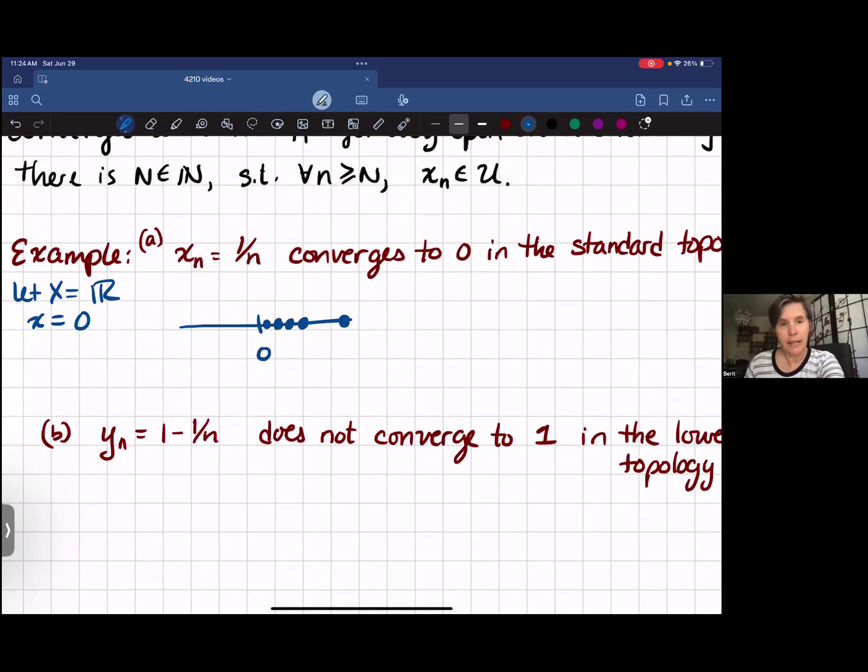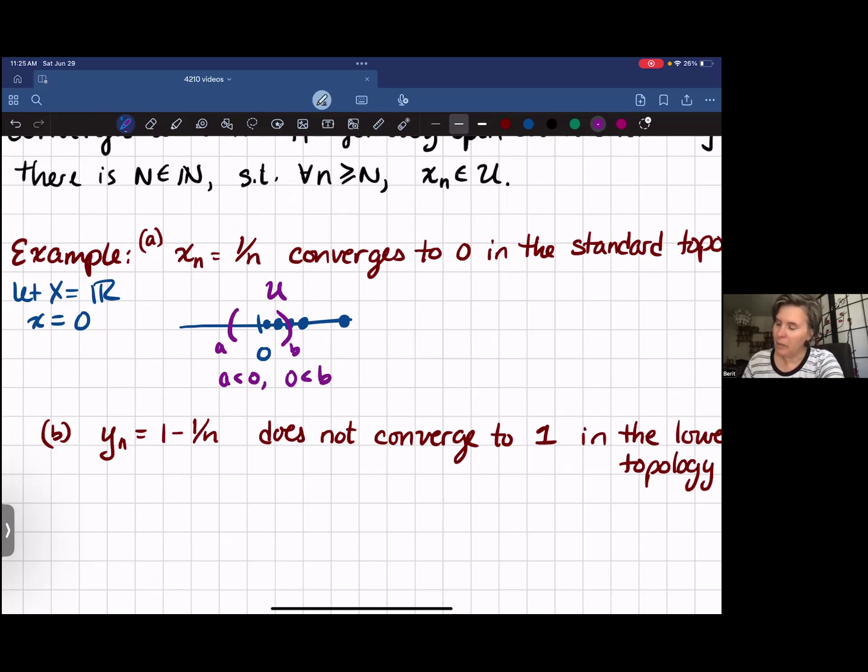So now let's take an open set. Let's take an open set in the standard topology. Well, in the standard topology, an open set is an open interval. So I'm going to take an open interval that contains 0. So here's my U. And U goes from A to B, where A is less than 0 and B is greater than 0.